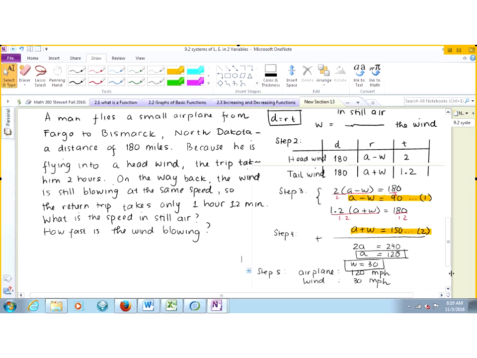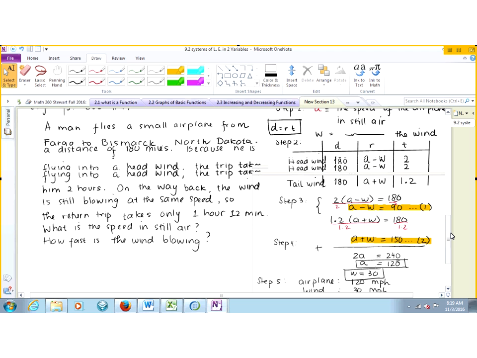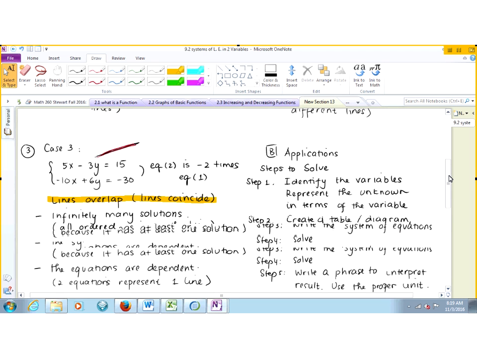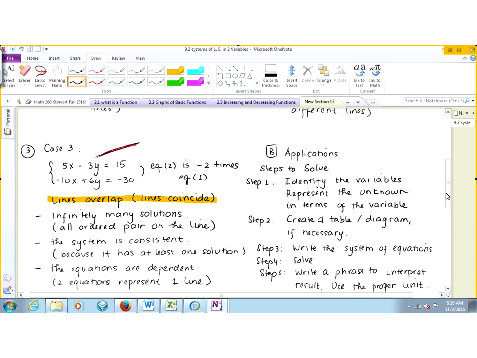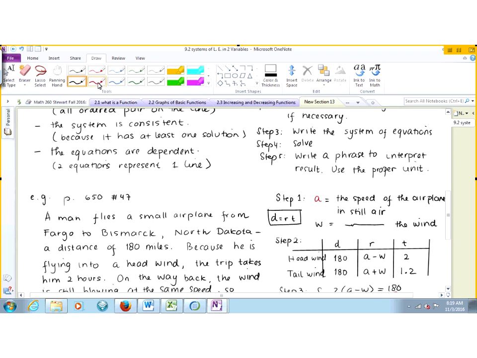Do you still remember this? Distance equals rate times time. Okay. The other one is mixture. Should we do a mixture problem? One more? Okay. So this is a motion problem. Let's write these. B1, applications involving motion.